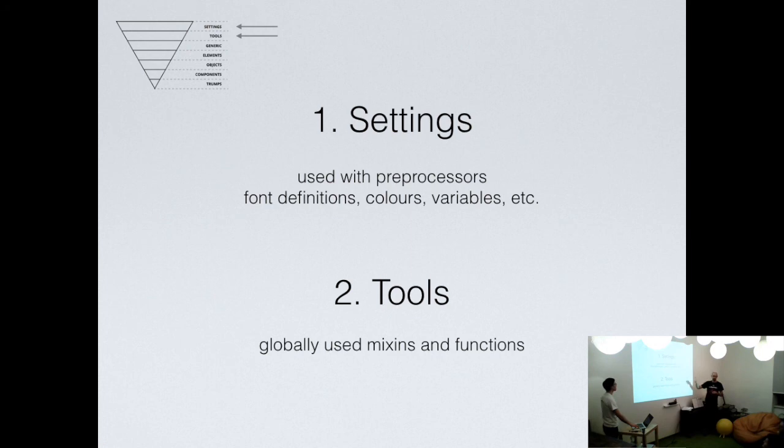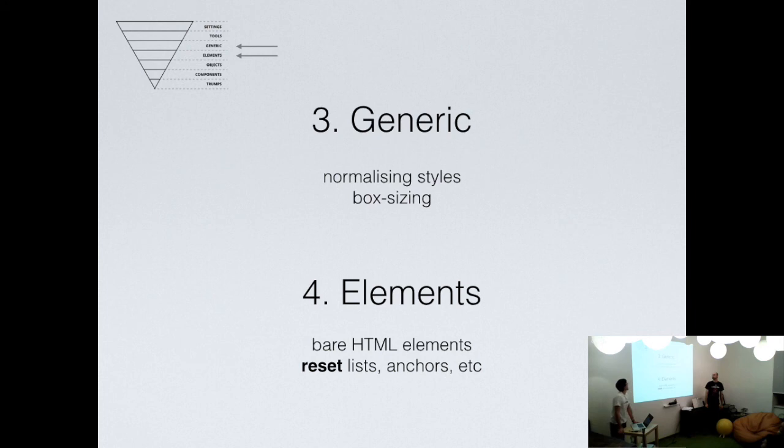In settings, we've got variables, and anything below can depend on them, and then we've got tools consisting of mixins and functions, and again, anything below can access them. The next group is generic and element styles. These are for resetting CSS, for normalizing, and to style plain HTML elements.